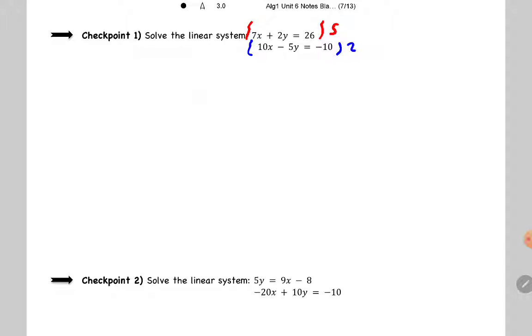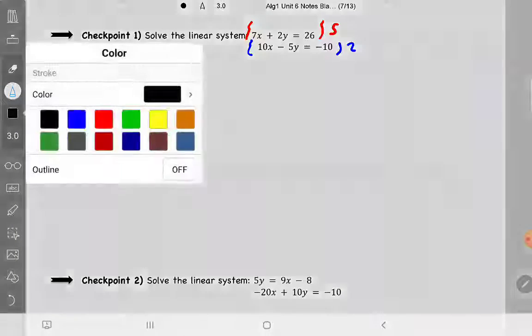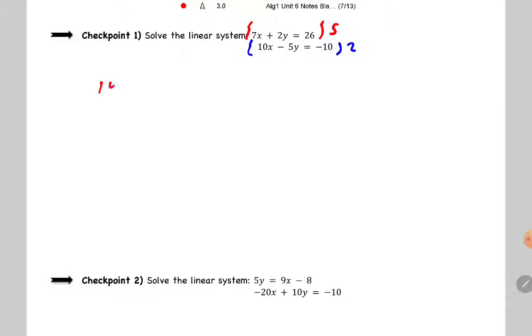So the red one, timesing by 5: 7 times 5 is 35x plus 10y equals 5 times 26, which is 130.